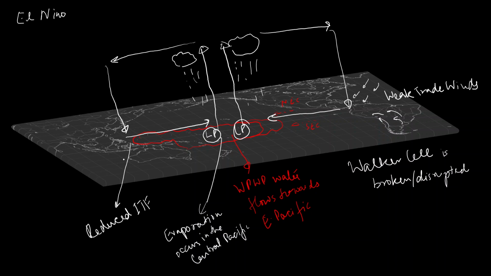It means now the temperature of the Southeast Indian Ocean will not be high, and the moisture content of the winds will be very, very low. So under such circumstances, the Indian summer monsoon rainfall is reduced.